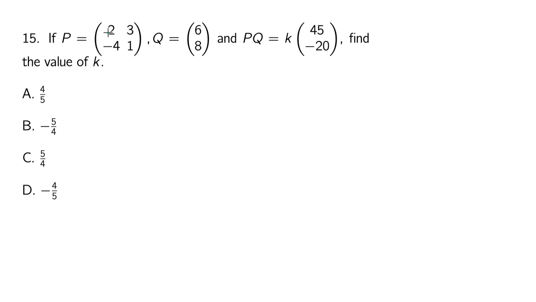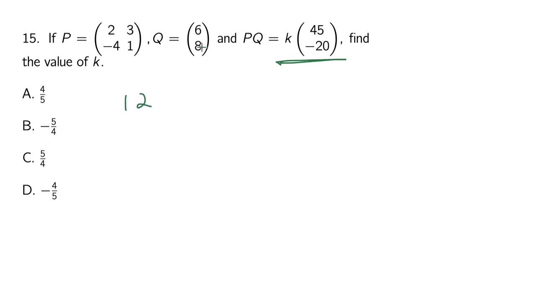P equals this matrix, Q equals this vector, and PQ, which is the product of the matrix and the vector, is equal to this, and we are supposed to find the value of K. So we first do this matrix vector multiplication. What do we get? We multiply 2 by 6, that's 12.